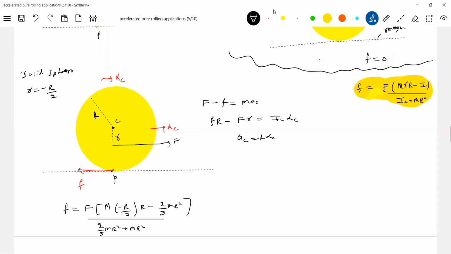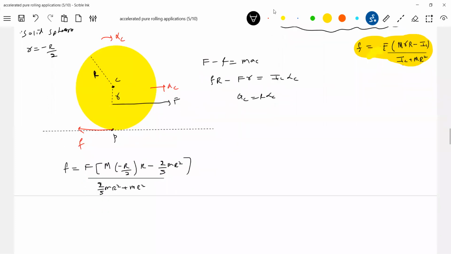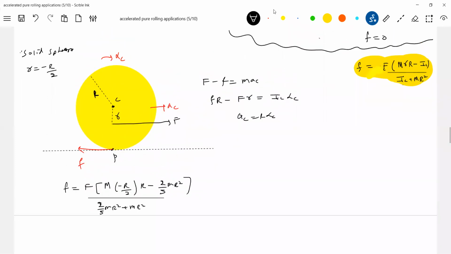Now let me go directly to the lowest point. Shall I write the condition for any rigid body?